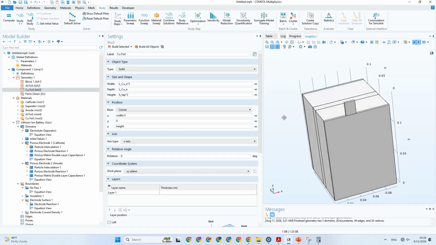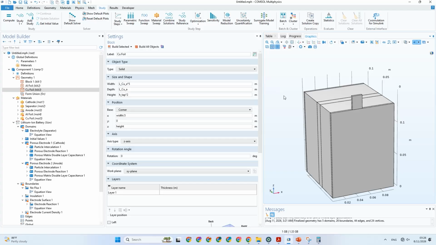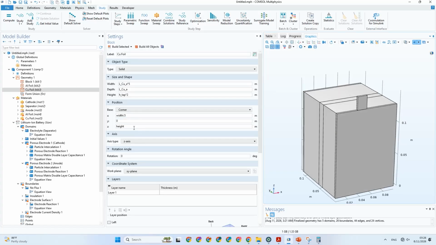In the top of here, it may be the position Y must be depths minus L CU or AL.